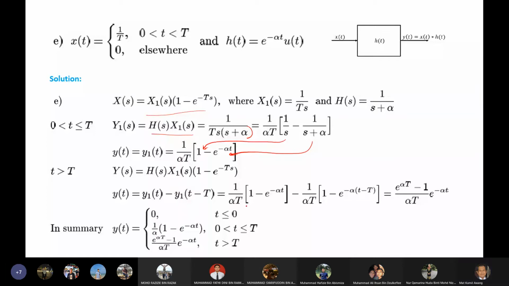And then to get the total y, you get the first one and the second one, and add. So therefore, this is the function of y of t. For t less than 0 it is 0. For in between 0 to capital T it is this. And for greater than T it is this. Okay. So this one you can go through.